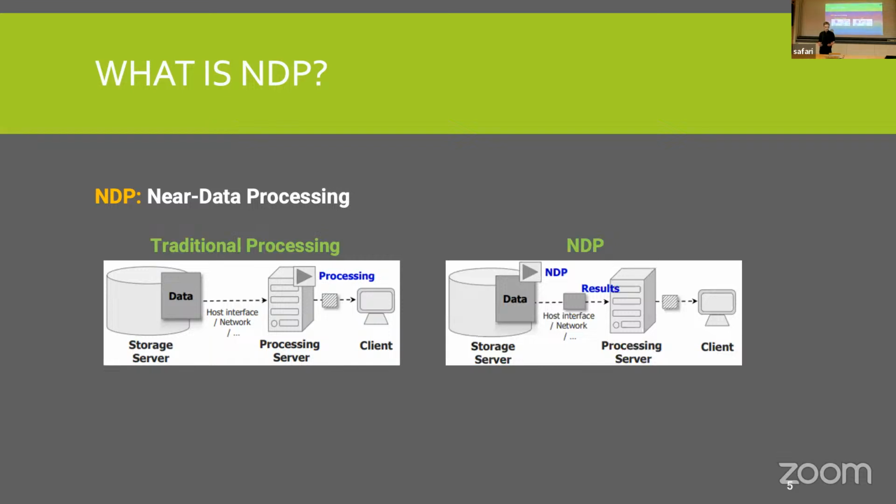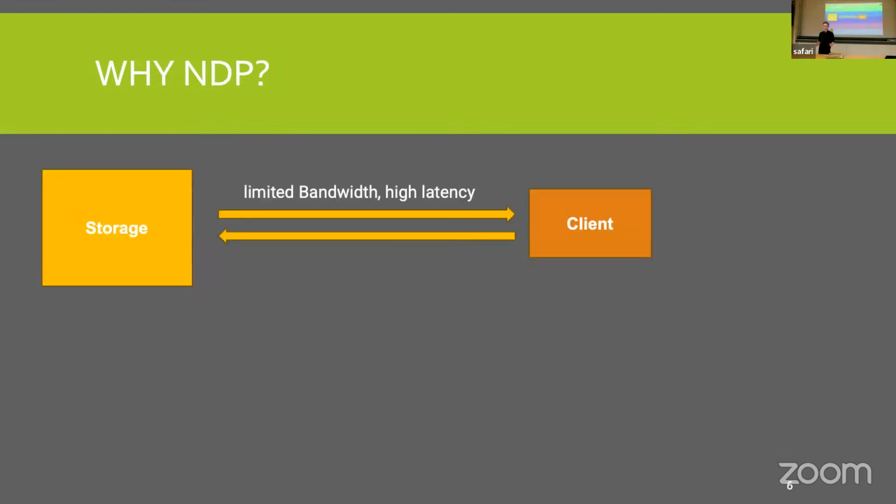But in a near data processing approach, computation actually also happens either inside the storage or really close to it, so that the processing unit can directly fetch intermediate results or final results. And why would you do that? Essentially, moving data from the host to storage is quite expensive because there's limited bandwidth, and typically they are relatively far apart, so it's high latency.